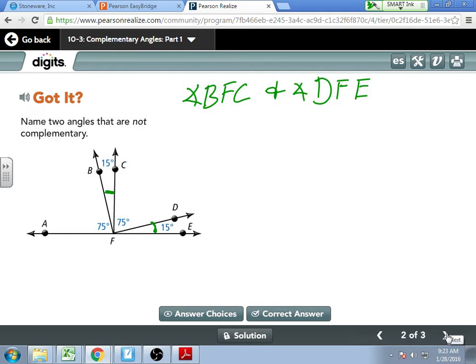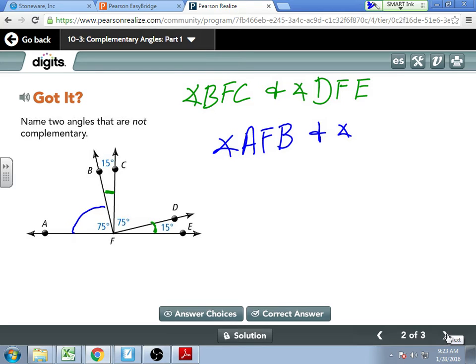Now there's another set that's easy to identify. Luke, sorry. AFE. So you have 75 degrees right now.